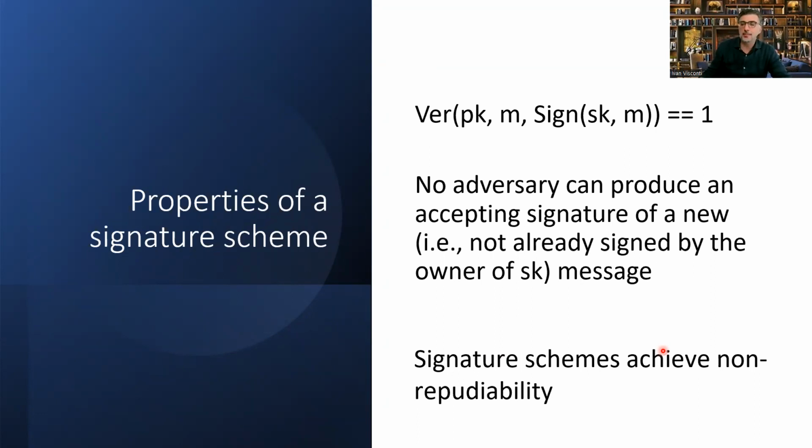So it must come from me. The only thing that could save me is to say that somebody probably managed to get access to my key, but good luck justifying such special cases in the presence of a judge. Signature schemes achieve non-repudiation.